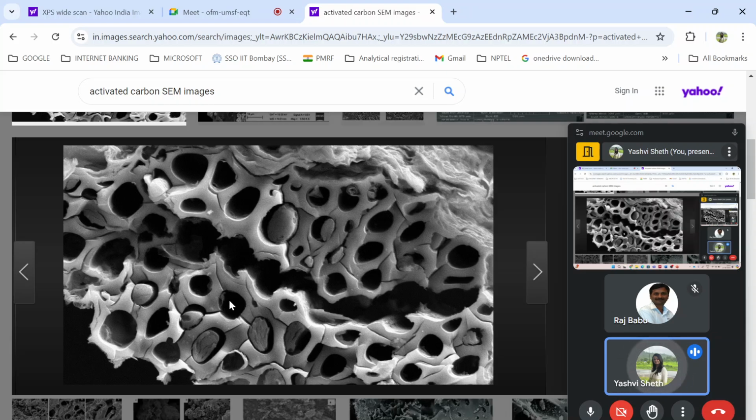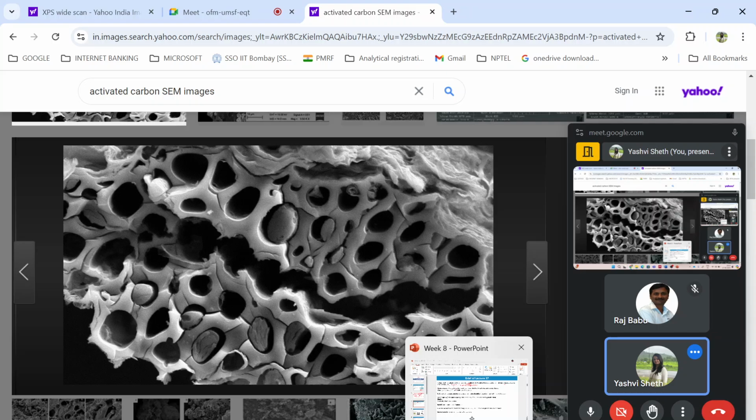Now, how are pores important? These pores make the active sites. The surface has active sites, so the more the pores and the bigger the pores, the easier the access of the pollutant inside. Further, these pores also determine the time required for the removal.